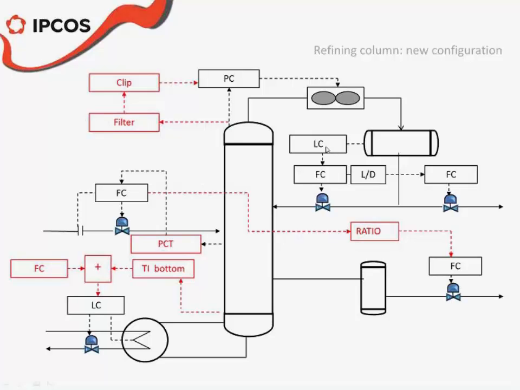So first of all, what we did was we retuned this level controller that stabilizes the flow back to the column and also stabilizes this reflux ratio controller. After that, we used this pitch control on the pressure, in which what is done is using the filtered PV as set point of the pressure.